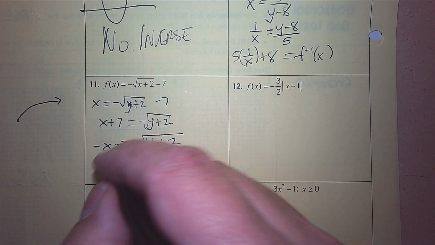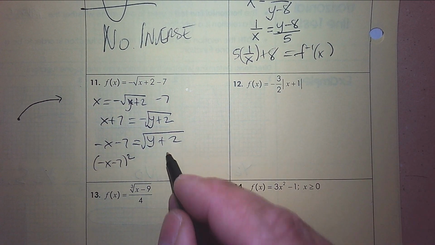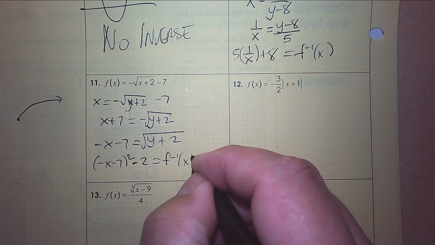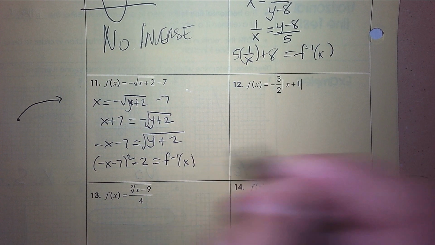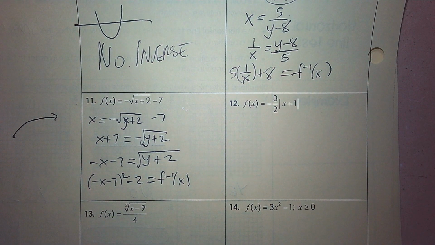I would square this. I'm not going to distribute. And then the last step would be to subtract 7, correct? Now I got something I have to think about. Ask me. I got answers. You good? You sure? Okay. So, that's the symbol for inverse. Can anyone see what challenge I have right now?